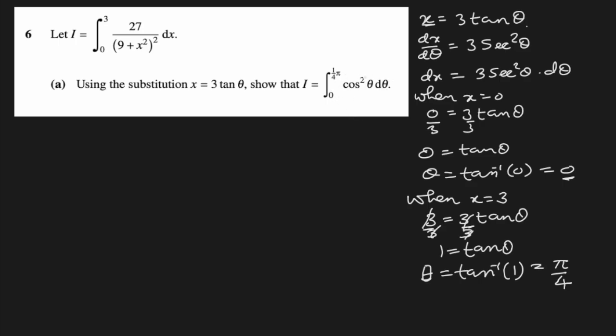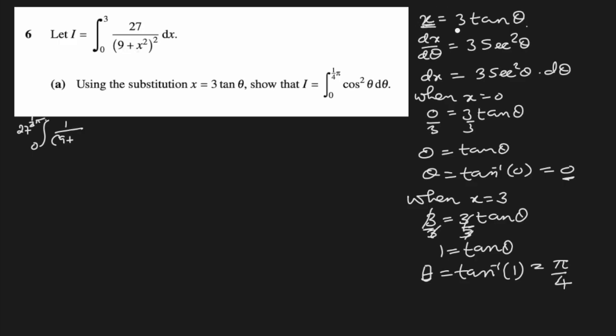Now we have to get the main part, cos square theta. Let's substitute everything. It becomes the integral from 0 to 1/4 pi, 27 outside, of 1 over 9 plus x square.